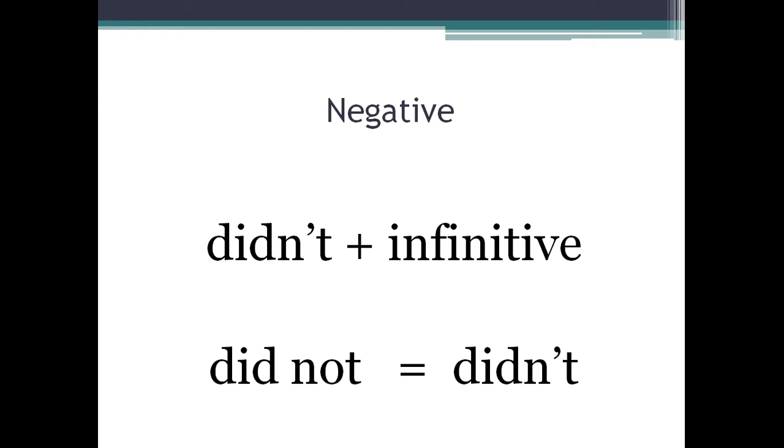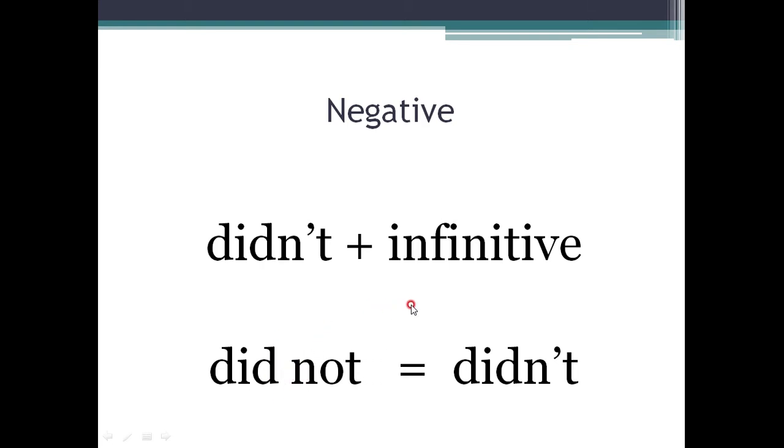So it will be, yes, good, play. Okay, and this is the short form, didn't, and the full form is did not. You are free to choose each one of them, to use didn't or to use did not.